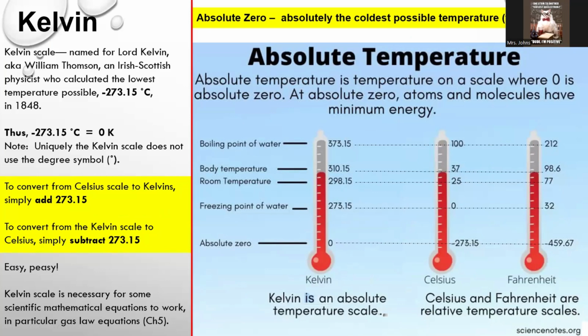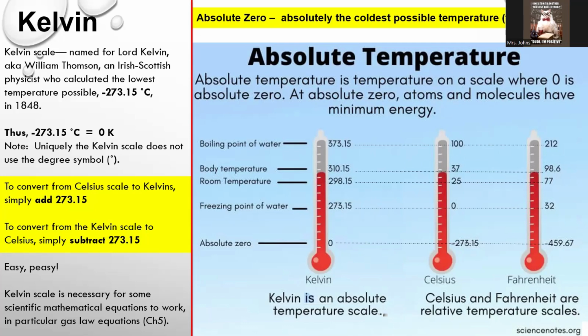So the metric system has another temperature scale in addition to the Celsius temperature scale, but this one is an absolute temperature scale, meaning that it contains absolute 0, which is absolutely the coldest possible temperature, theoretically anyway, that anything can be.